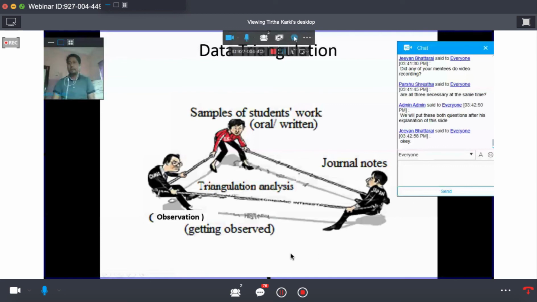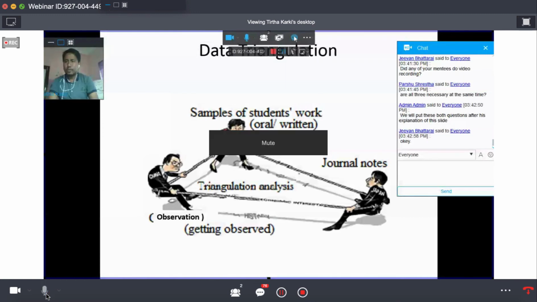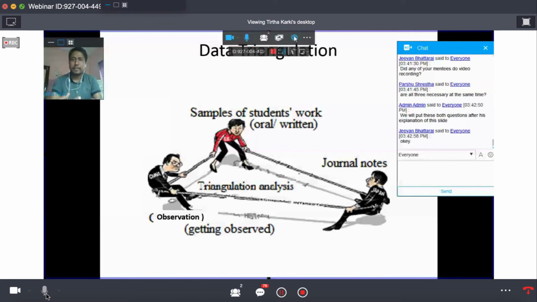Well, you will definitely have your self-reflection, because self-reflection is a very effective tool to document your progress, because it's your own clear image of your classroom performance. In the same way, you need to have discussion with the students. It can be focus group discussion, or questionnaire responses from the students, or you can have an interview with the students, because the students tell you what's happening in your classroom, and what students want.